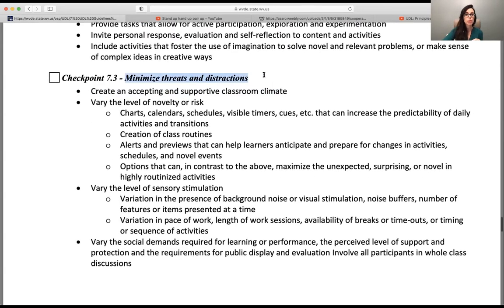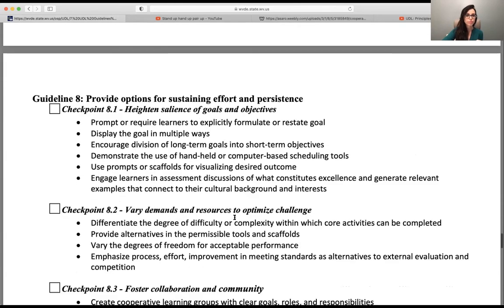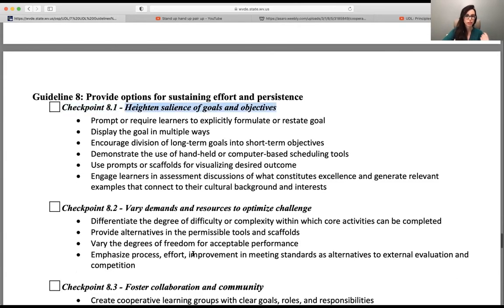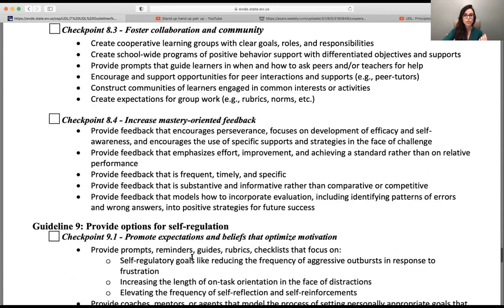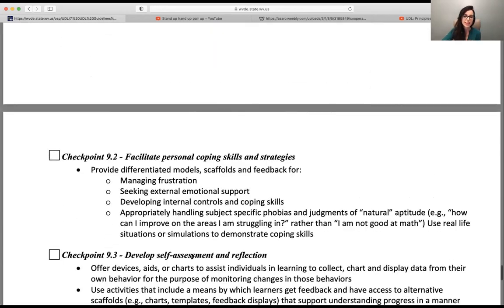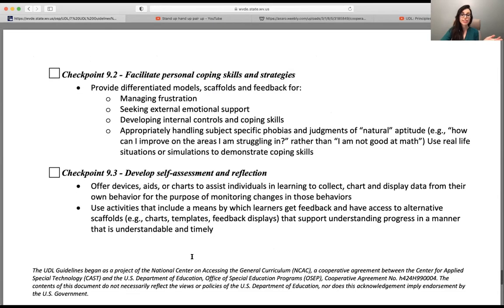So here's another one: minimize threats and distraction, heighten goals and objectives. There's just a ton. This is endless. And the thing I know about classes and courses, I'm giving you a fire hose of information, right? All of the information is just flowing out at you.